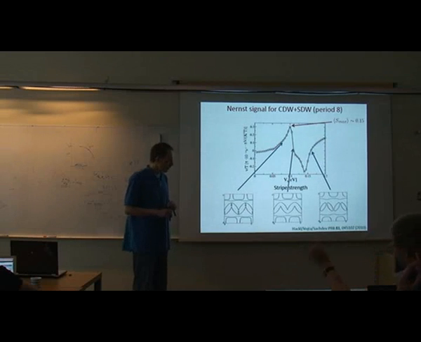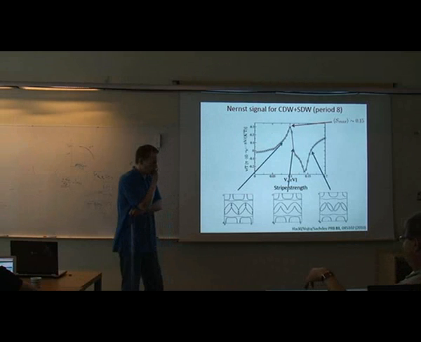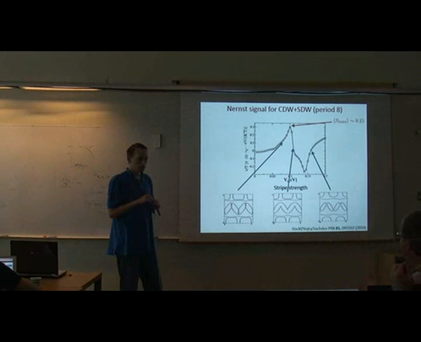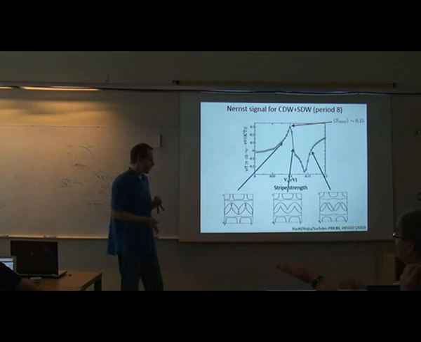I have heard a whole lot of stories of people doing more complicated things than this. Would that explain your peak? Well, I'm not sure whether I got the precise question. There's a whole big industry of people trying to relate what you actually see in experiment to the Fermi surface.